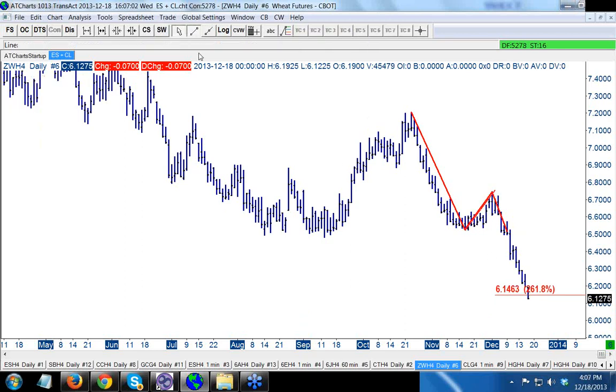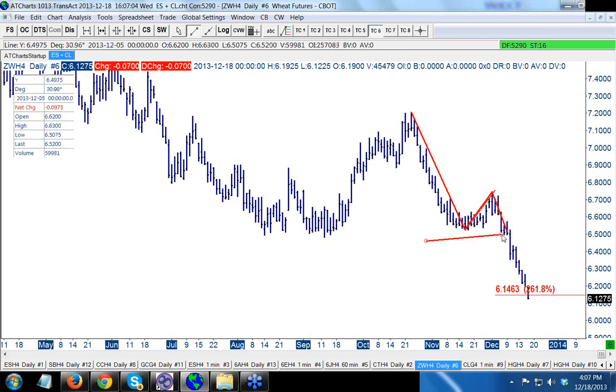So the key is, if you're going to short over here with a stop above there, the target is still about 1.5 times where you got in, where your risk is, right? But we don't want this type of risk because it's the daily chart. We want to make sure that we can put a stop not above there, but above there maybe.